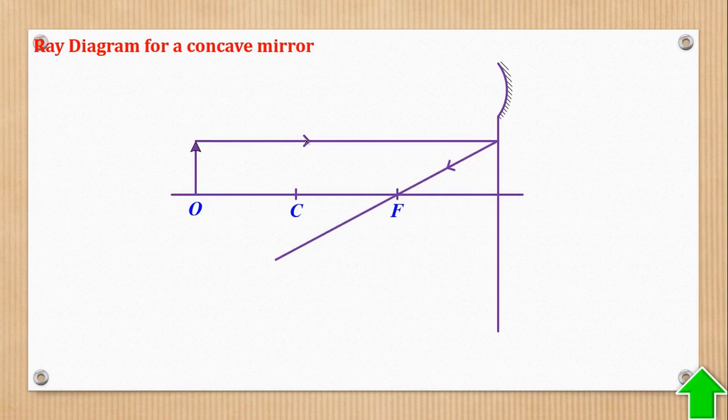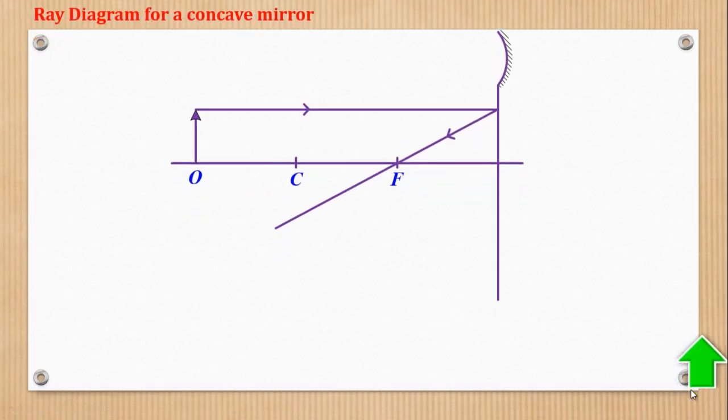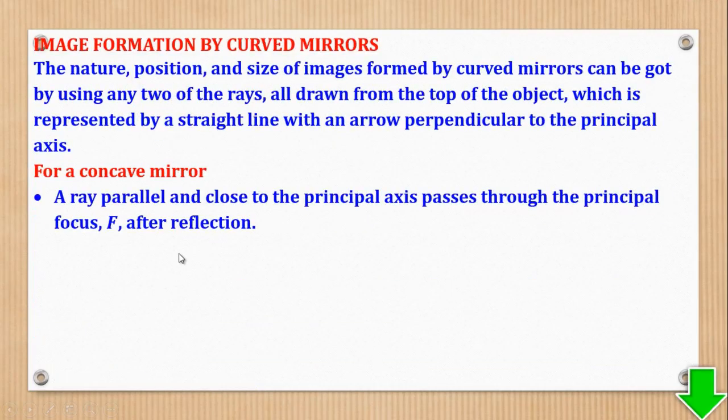What you should realize is that each ray I'm drawing has an arrow, and that ray is starting from the top of the object. Okay, that is ray number 1. But remember, we said you need 2 rays to locate the position of the image. So we shall come and get the second ray.